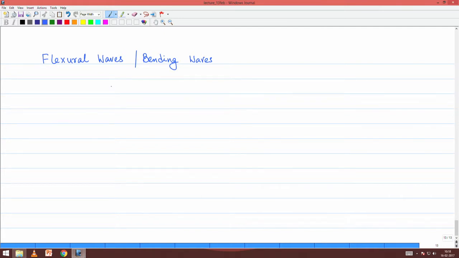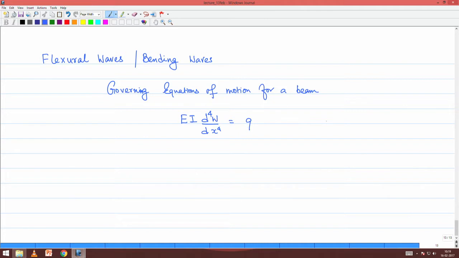So, if you recall the governing equation of motion for a beam, it is given as EI d^4w/dx^4 equals q, where q is the load intensity, or load per unit length.